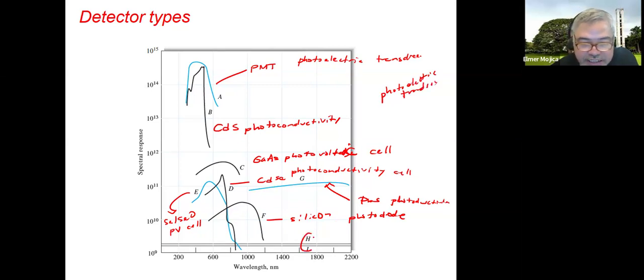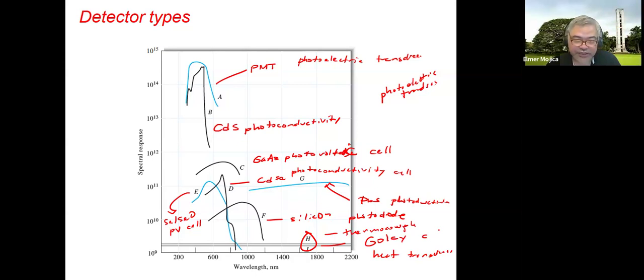The H and the I there are both your heat transducers. Your H is a thermocouple, and your I is what we call a Golay cell. So that's the relative response of the various photoelectric transducers.